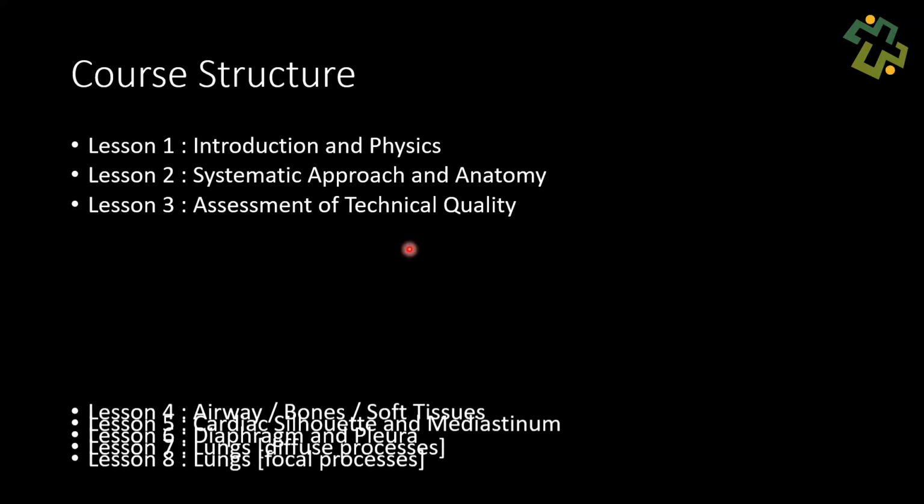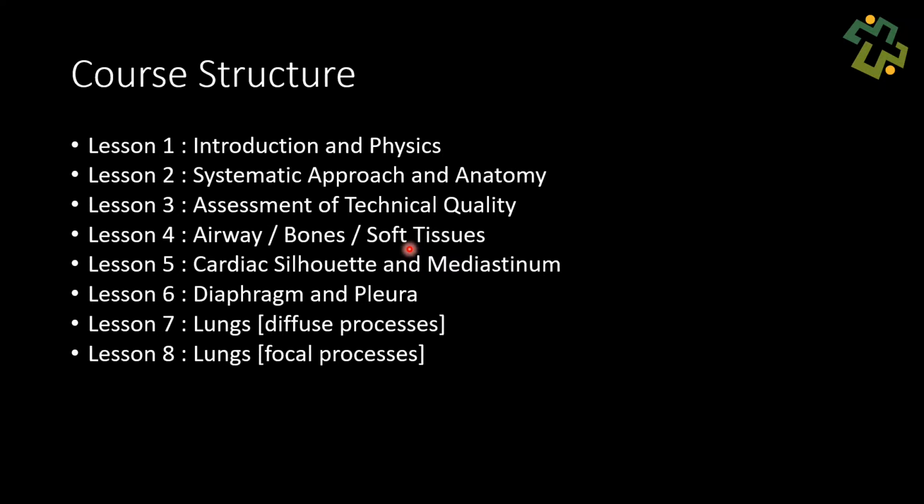And then lessons 4 through 8 are going to cover each of a subset of chest pathology that can be assessed with the X-ray. And we're going to look at plenty of examples of common abnormalities in each of these domains. And lesson 9 is going to discuss how to assess the placement of lines, tubes, as well as how to identify devices and consequences of prior surgeries with a focus on artificial heart valves.